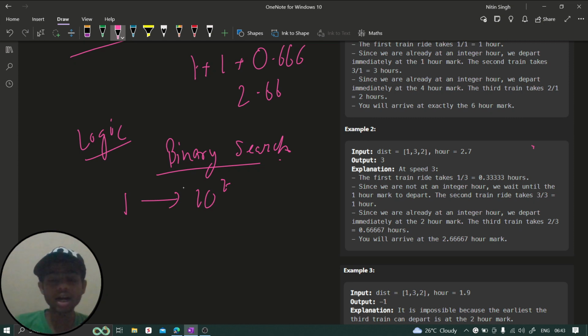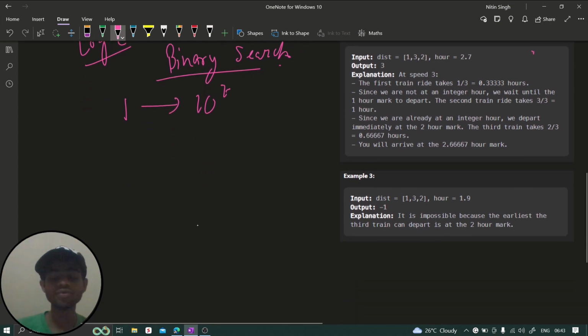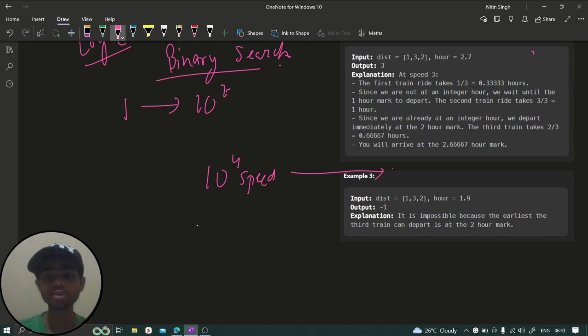If our answer is coming as 10, we can say we can reach our office at a speed of 10 raised to 4, right? When the train speed is 10 raised to 4, then we can simply say, guys, for the next numbers coming till 10 raised to 7, we can easily reach there, right? If the train speed is 10k, we can say anything more than this speed will always allow us to reach the office in time, but less than this speed will not guarantee it, right?